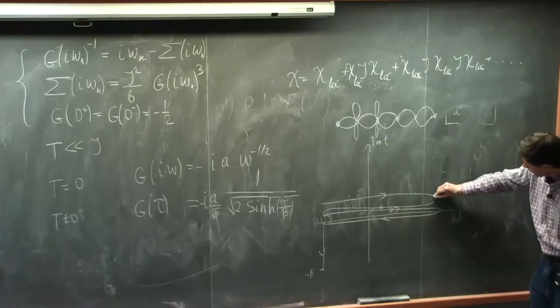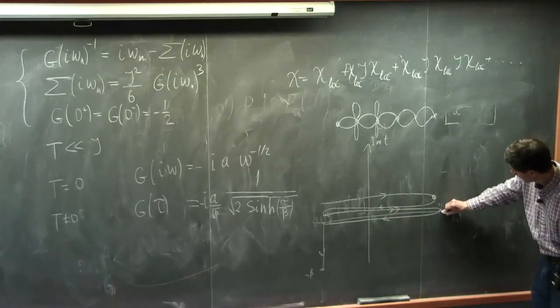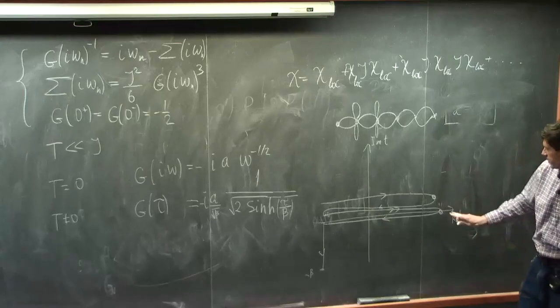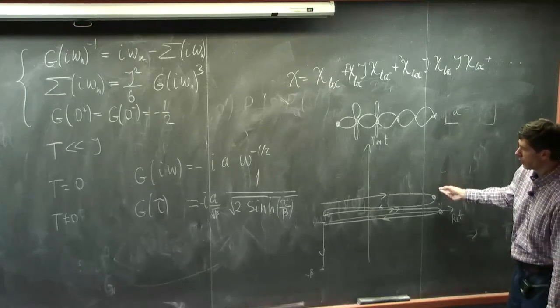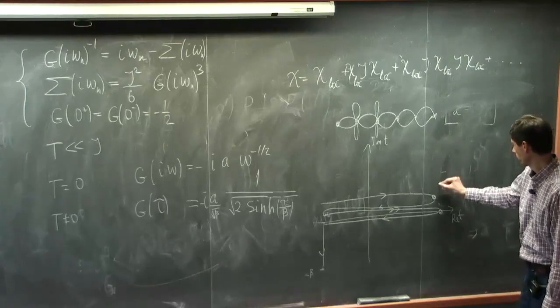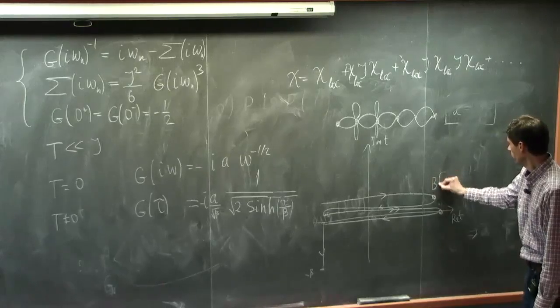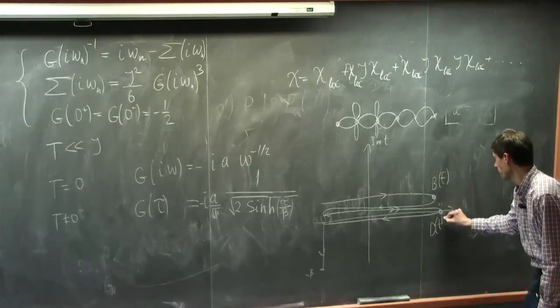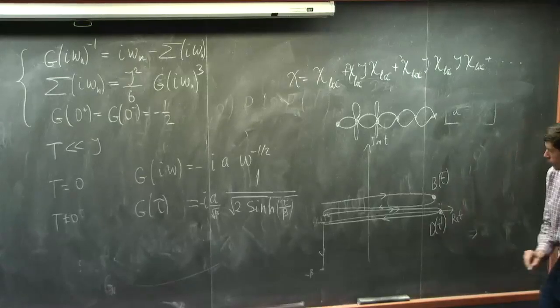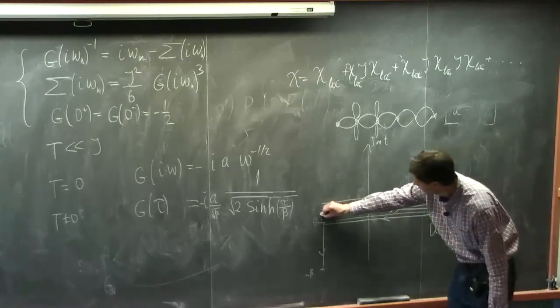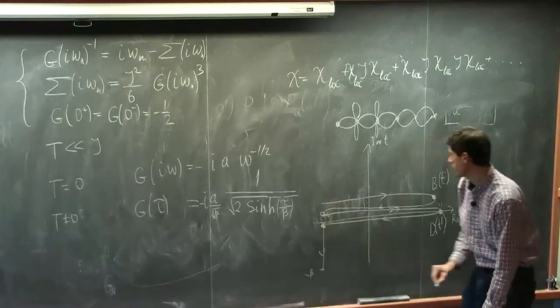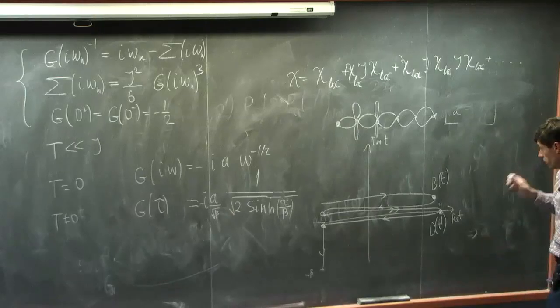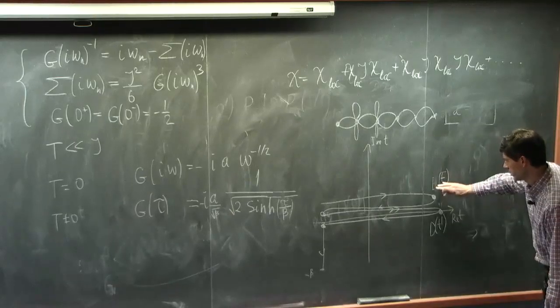We put two operators at greater times, B of t and D of t prime at these 2 points, and we put two other operators at those 2 points.